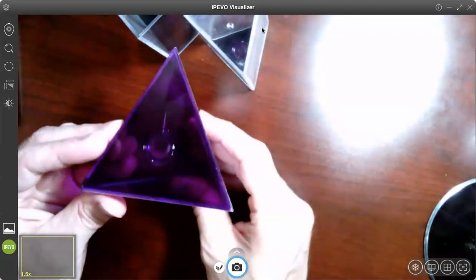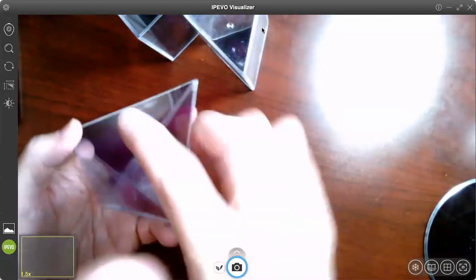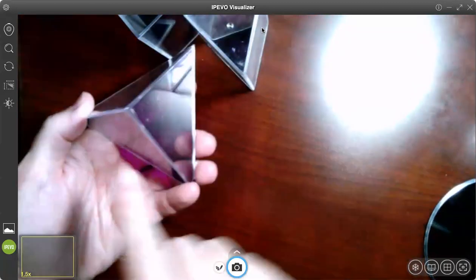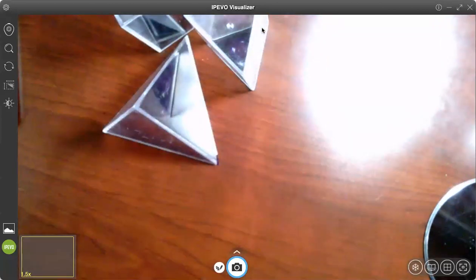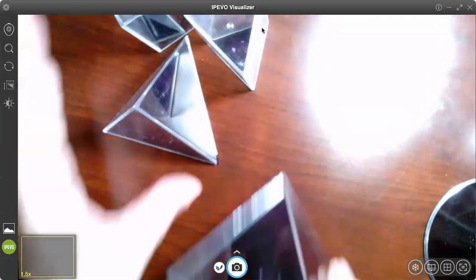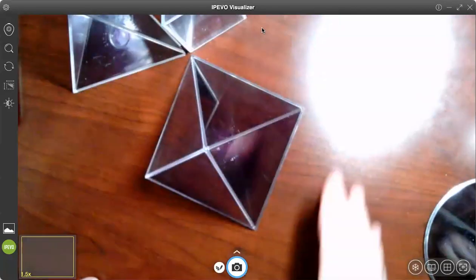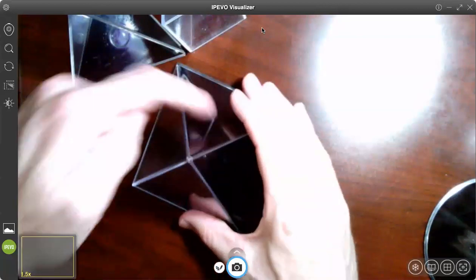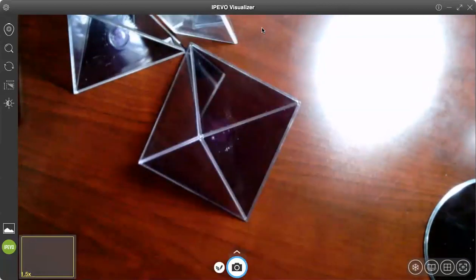This triangular pyramid has a triangle for a base and 3 more triangles on the sides for a total of 4 faces. All are triangular. This rectangular pyramid has 5 faces. 4 triangles plus the rectangular base.